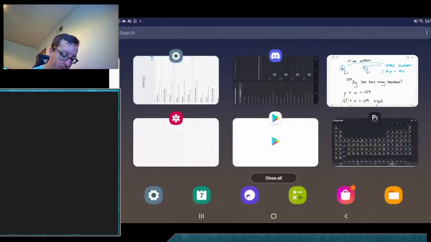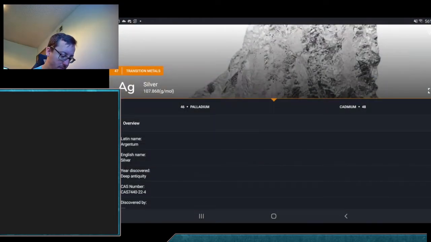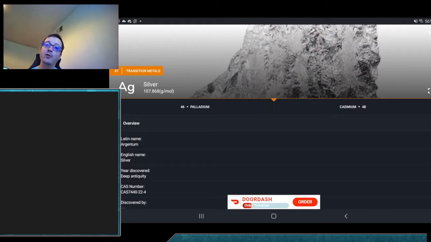Notice something, by the way. If we take a look at silver, notice, if you remember from just a moment ago, we saw that, hey, silver comes as 107 and 109. We saw that in Wikipedia, right? Those were the two stable isotopes of silver.